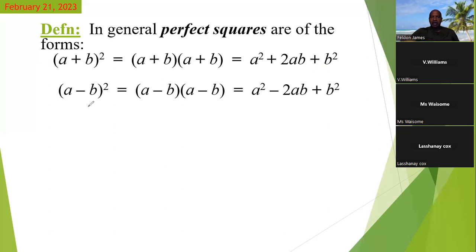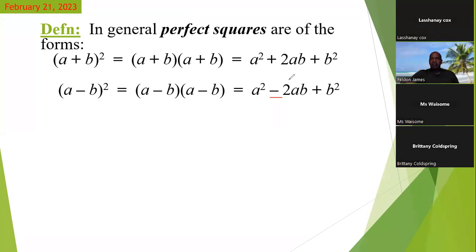So when you have a minus sign in the factor form, I'm calling this the factor form, and we're calling this the expanded form, so when there's a minus sign between the binomials in the factor form, you notice that in the expanded form, the middle term also has a minus. Let me see the hands if everybody sees what I'm saying. You notice that? Right.